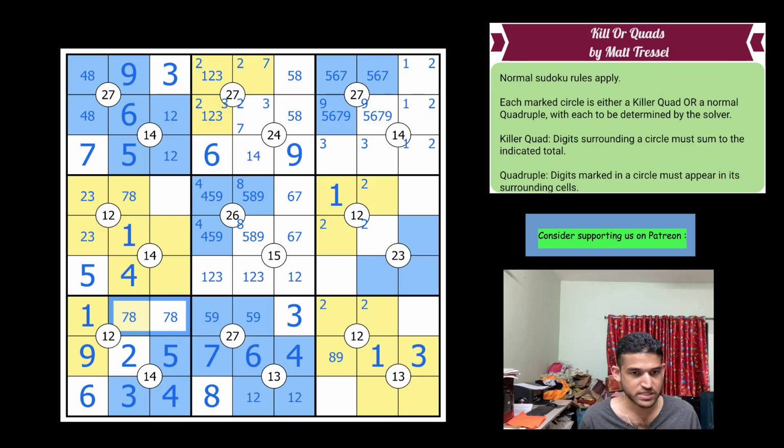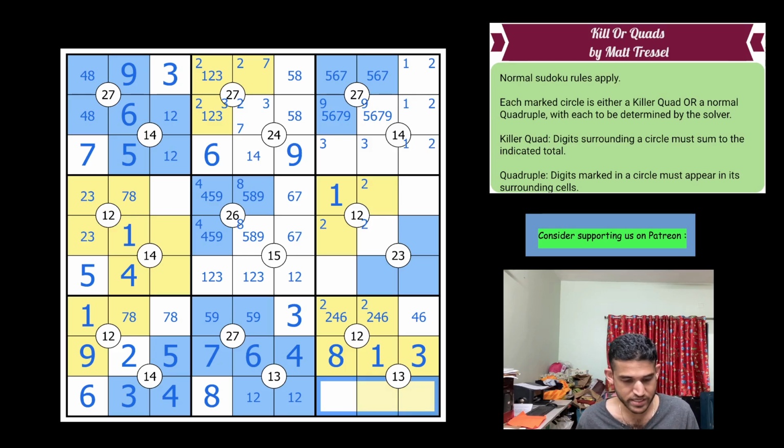That's excellent. 1, 7, 8, 3, 5, 9. So I have a straight 4, 6. 2 is not here. 2 has to be here because it's a quadruple. And 8 is in here. So 8 goes here, which means this would be 5, 7, 9. That is nice. It's really nice.